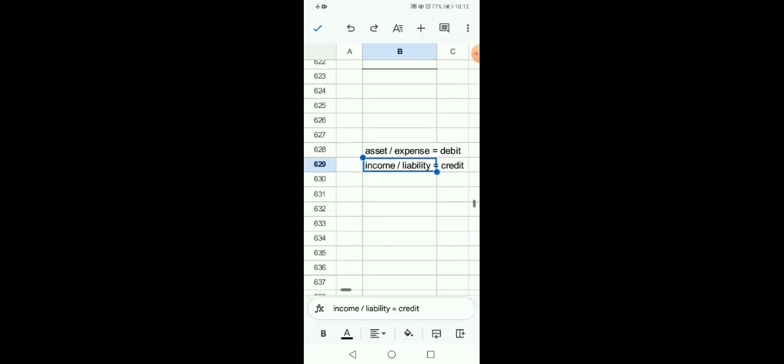As we are actually focusing upon ledgers, I may assume that you already know these rules. On debit side we write asset and expense, on credit side we write income and liability. So for the time being I'm assuming that you people are familiar with these rules. Otherwise we can have another session, another lecture where we will understand this.